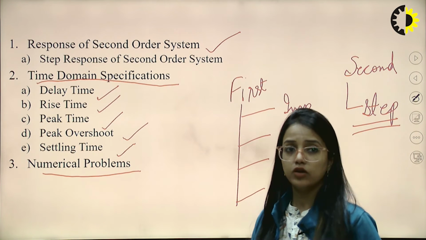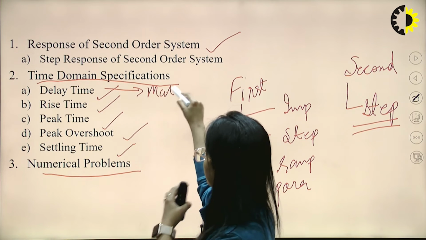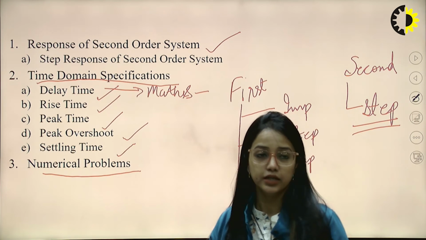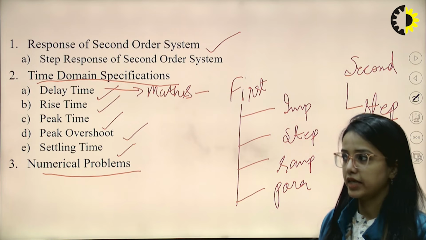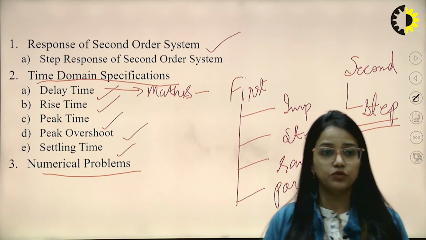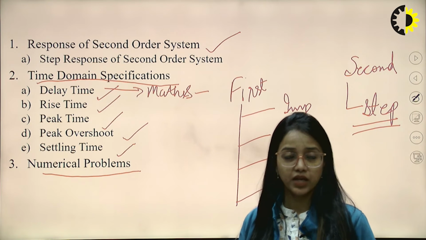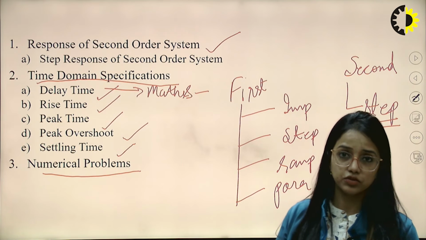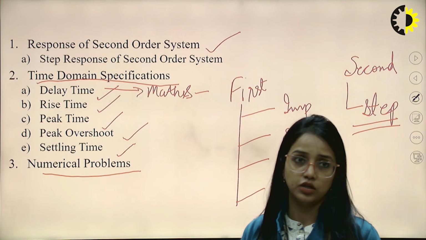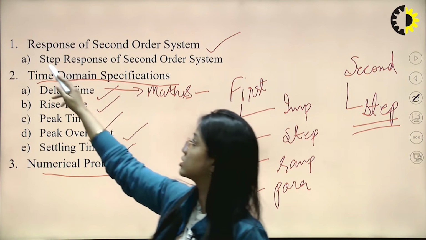There will be a mathematical model based on delay of a second order system, and mathematical equations based on rise time, peak time, overshoot and settling time. So we have to study the mathematical models for all of these, and before this, the response for a second order system subjected to step input. When we give the step input, the response is called the step response.